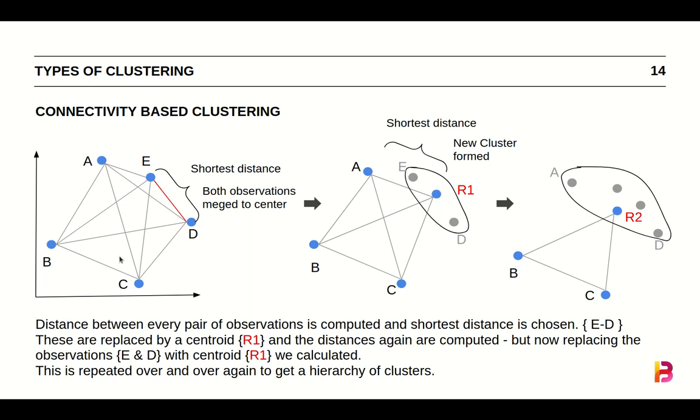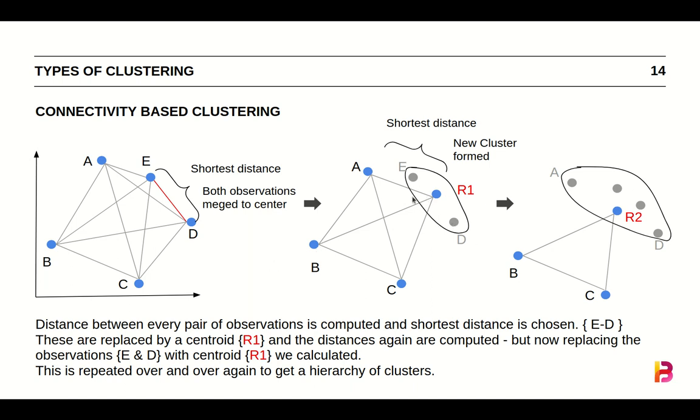We remove all these distances and recalculate all the distances, but now instead of E and D, we represent this cluster by one central point. So how do we get that central point? We'll come to that. But for now, think of this as representing these 2 points. If you had 10 points, imagine this to be representing all of the points within that cluster.